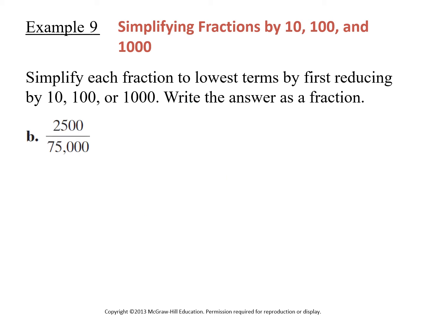So as long as I'm canceling the same number of zeros, I'm dividing by 1, and I'm not changing any values. So I can take zeros off the end on 2 of these, and I end up with 25 over 750.